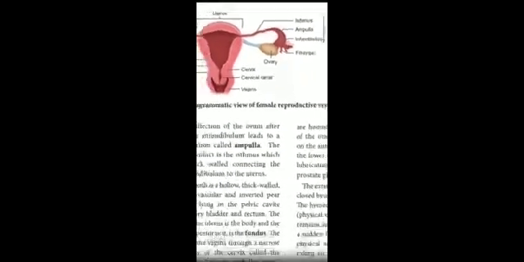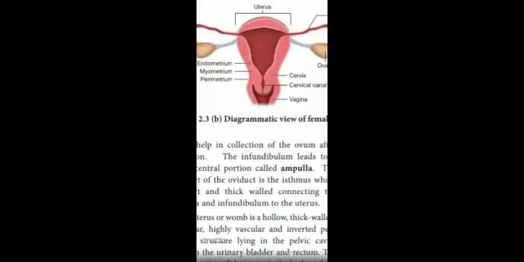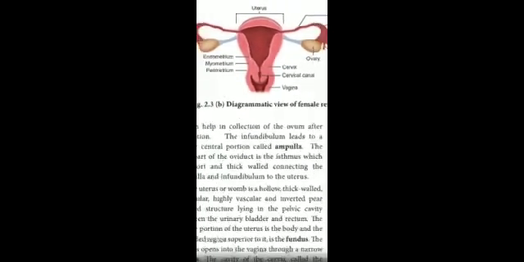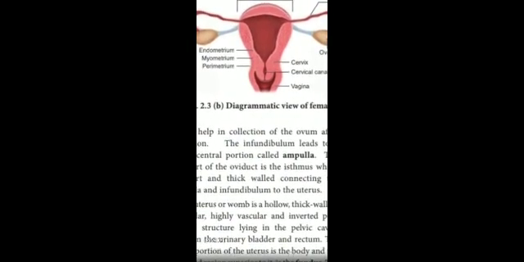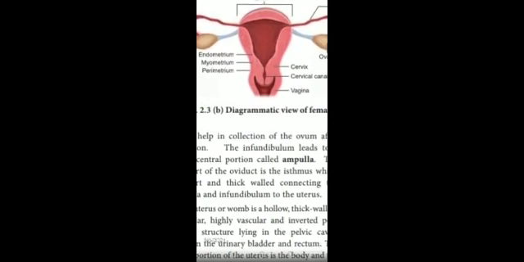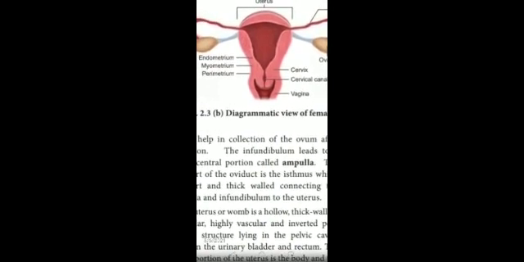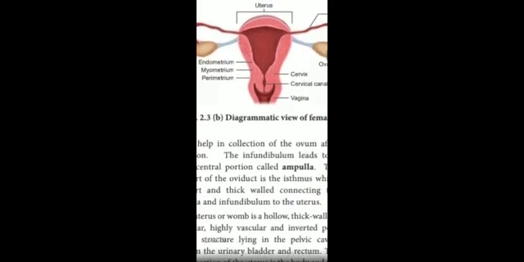Next we'll see the structure of the uterus. The uterus, also called the womb, is a hollow structure. It's thick walled, muscular, and highly vascular. Its shape is an inverted pear shape.